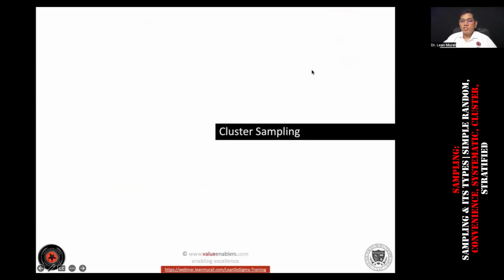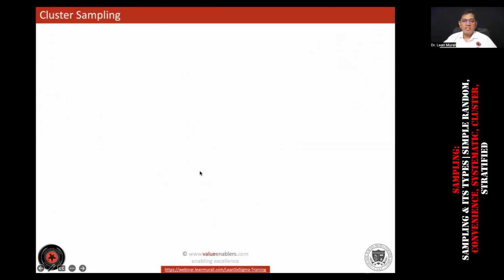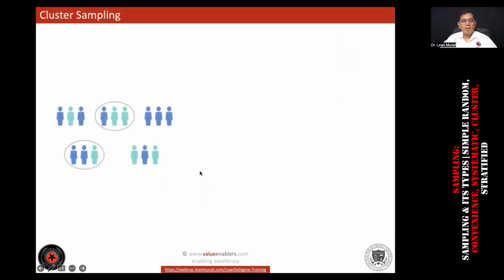Right, so cluster sampling. What is cluster sampling? What you do is break the population into clusters. For example, a manufacturing cluster. If you say industrial area, we say industrial clusters, right? Manufacturing cluster, IT hubs. A hub is also a cluster. Service cluster, and so on.